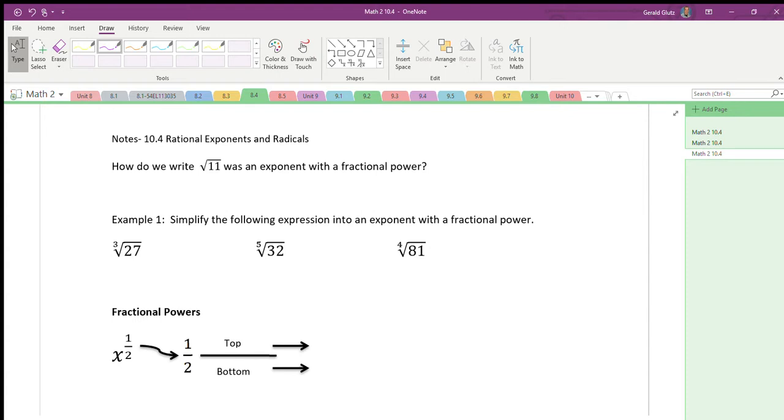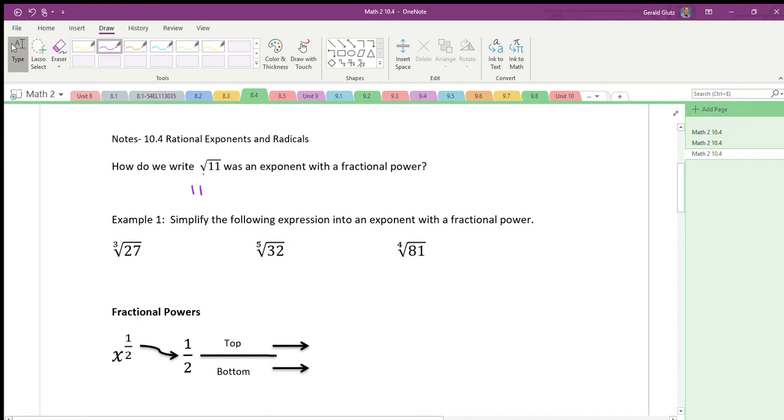All right, so we are moving on with exponents and talking more about fractions and radical form. So how do we write the square root of 11 in exponential form? Exponential form means it has an exponent instead of a radical sign.